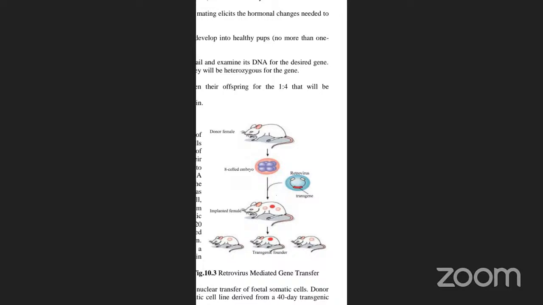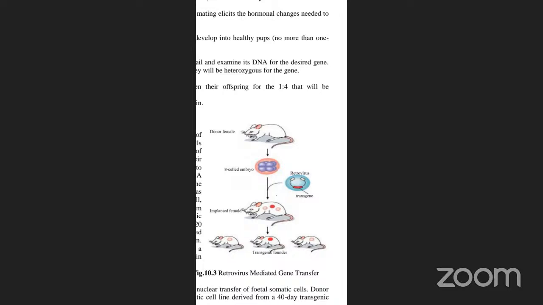Now this embryo, we have to keep back in the female. Usually in animals we can expect 3 or 4 offspring, and different animals will have different numbers of offspring.